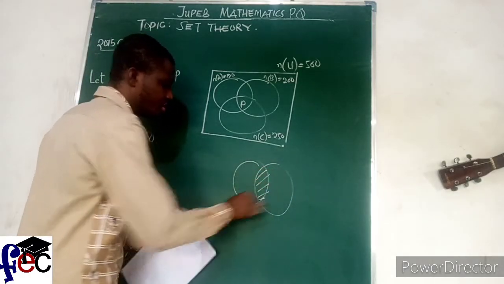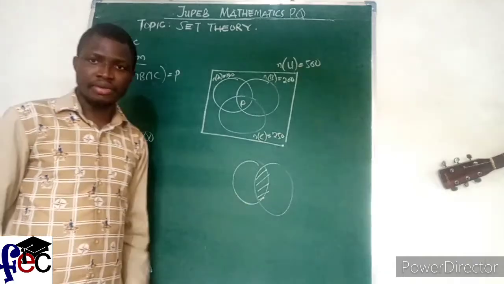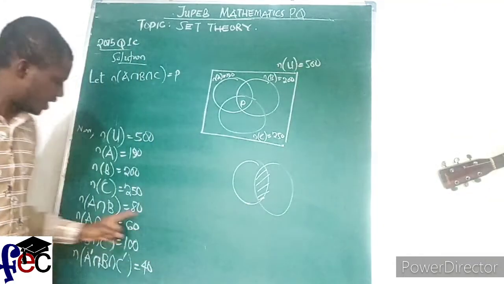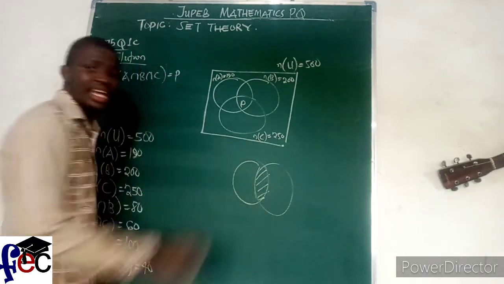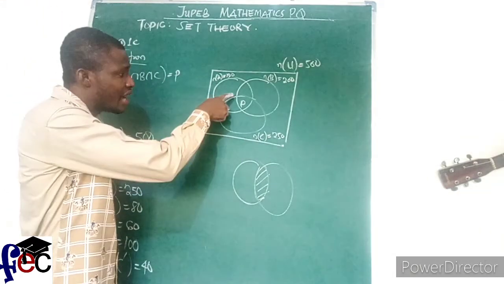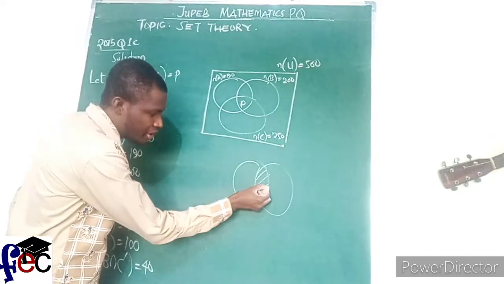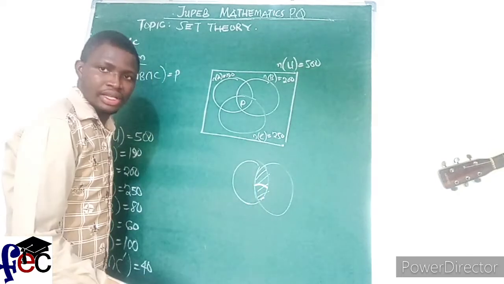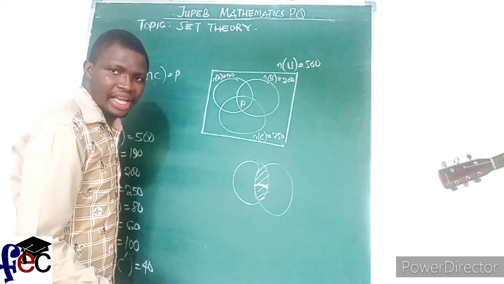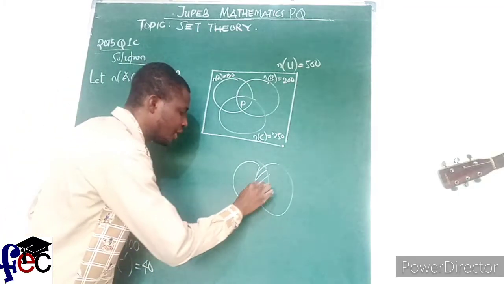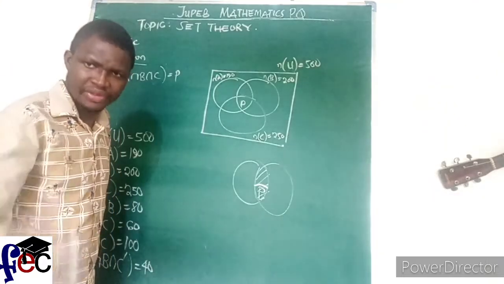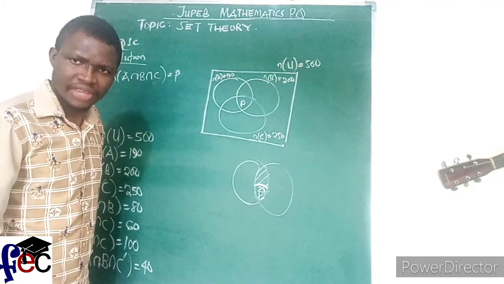This is the region. I hope you can see it. But you observe something. How many are there? There are 80. So everything inside this region is 80. But from what we have sketched, you see that a fraction of it has been occupied, and the number that occupied that part is P. Let me take, for example, 30.